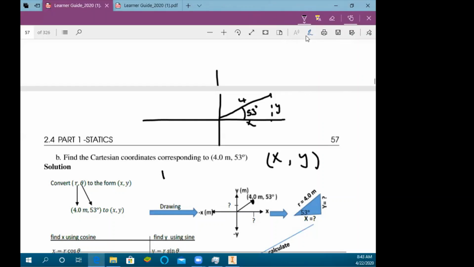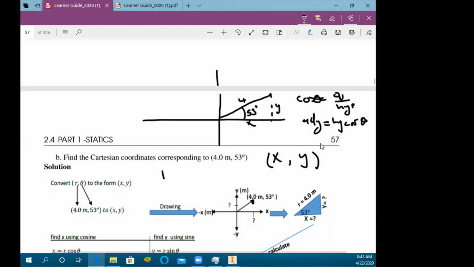Cos is equal to adjacent over hypotenuse. So for us to be able to find the adjacent, it's hypotenuse times cos theta. Right? Good enough.